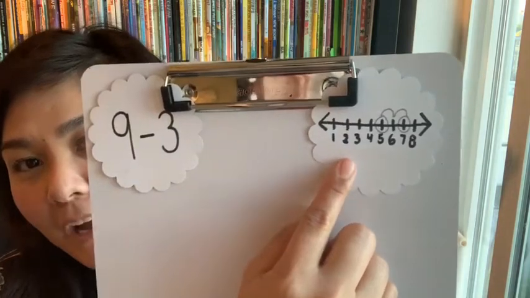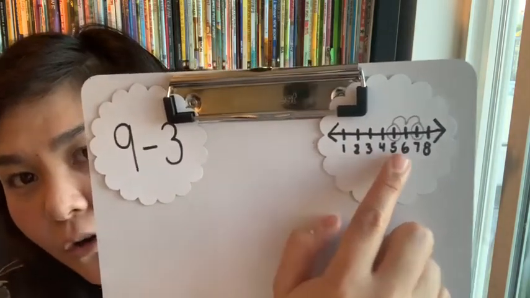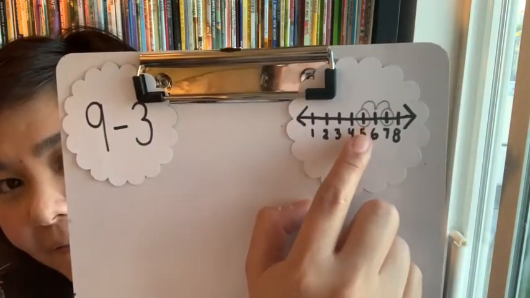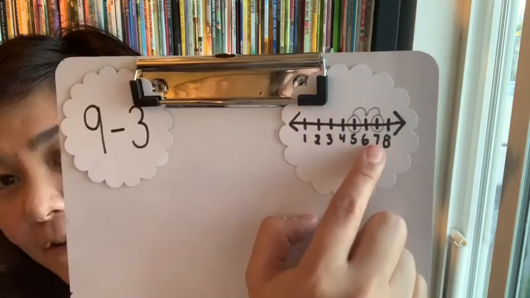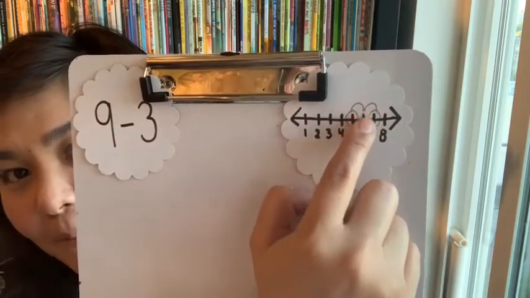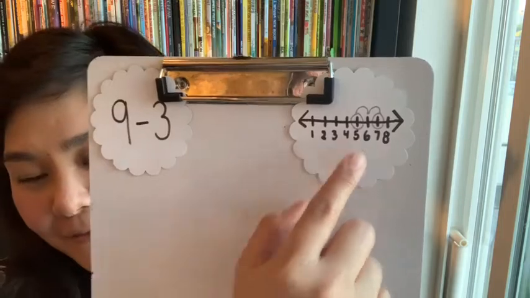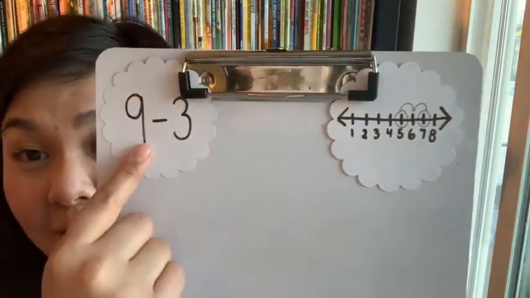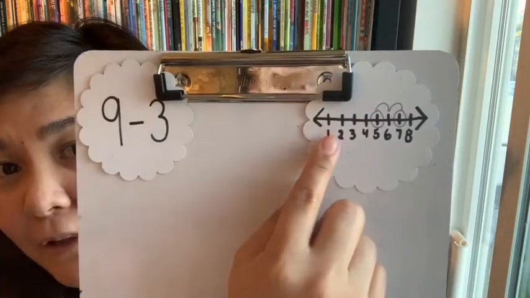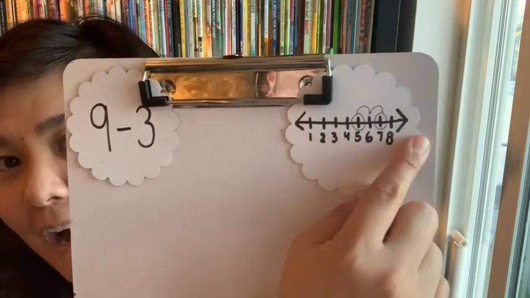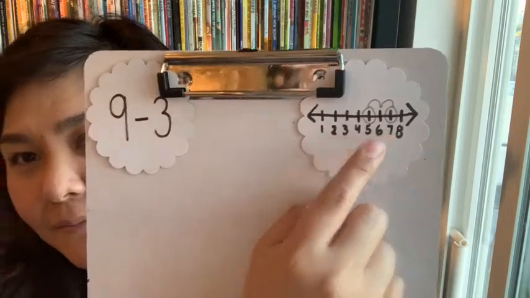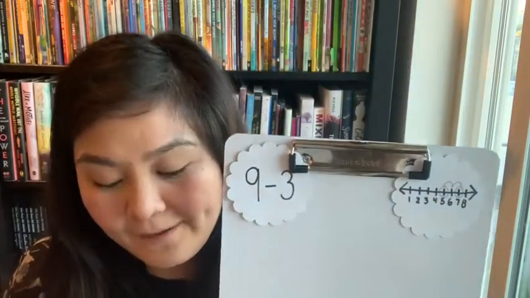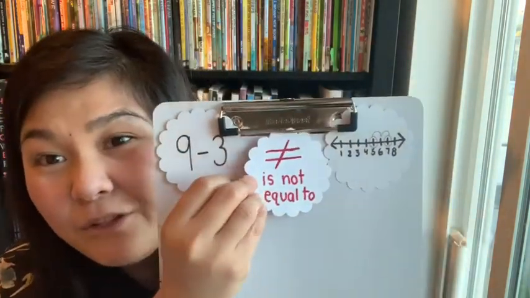And my number line is the model on my next flashcard, where it either starts at 5 and jumps 2 to get to 7, or it starts at 7 and jumps backwards to get to 5. If I'm looking at the whole, my number sentence starts with 9, but if I look at my number line, it doesn't start with 9. It starts with either 5 or 7. So I know that these models are not equal to, it's false.